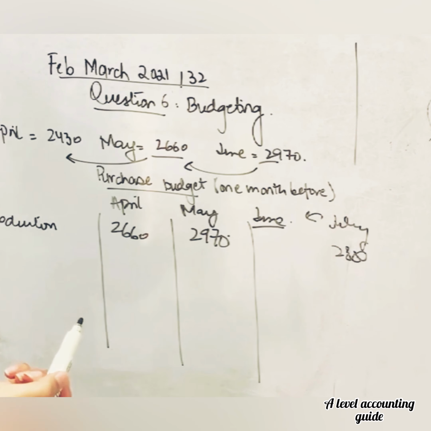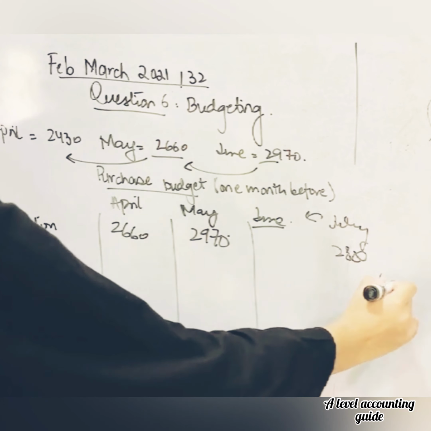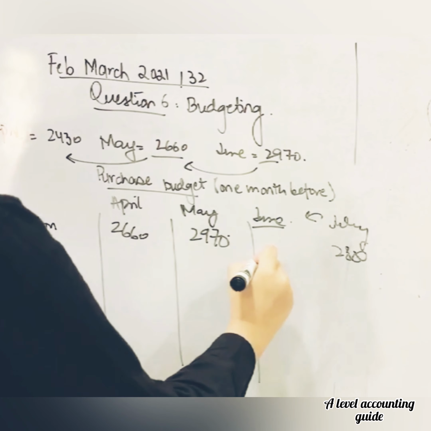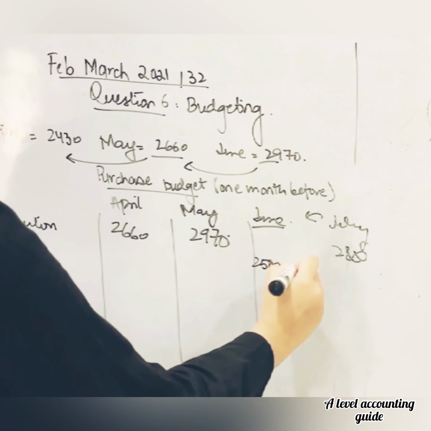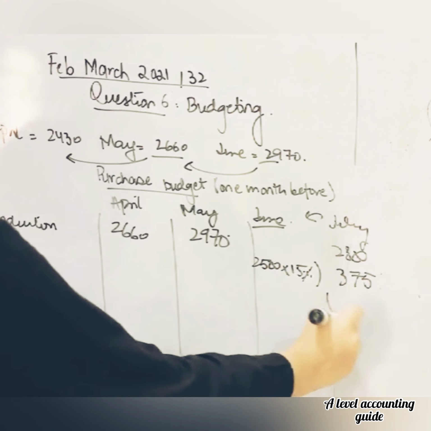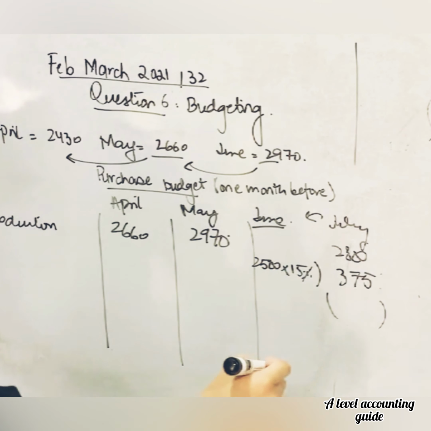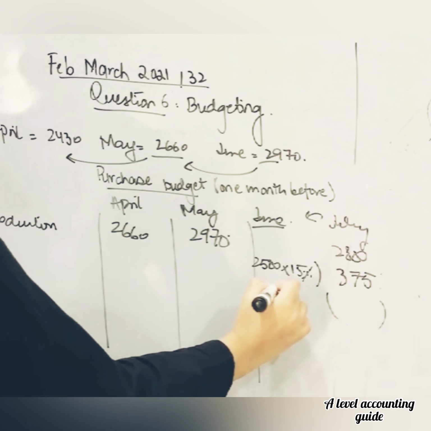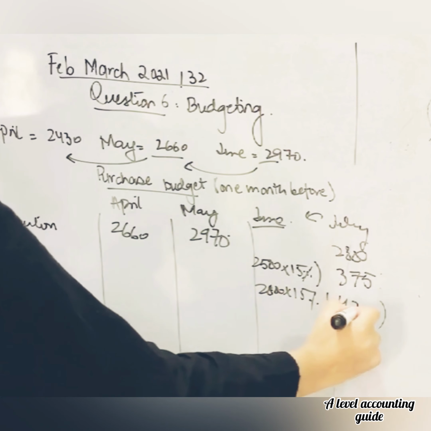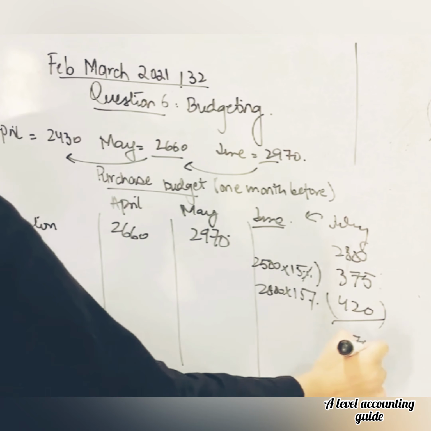So the next month 15% will be 2500, it is 2500 into 15%, that is going to be 375, and you're going to subtract the opening inventory, which is going to be 15% of the current month, which is going to be 2800 into 15%. Opening inventory will be 420. So the total will be 2755.